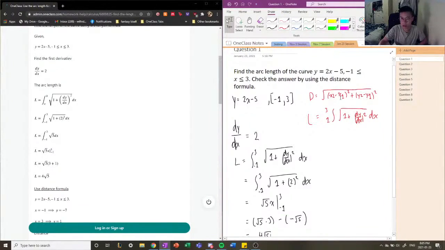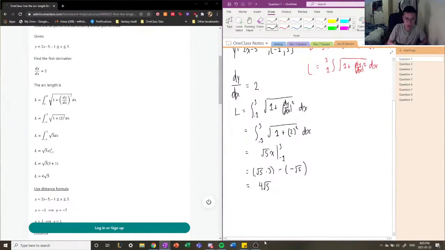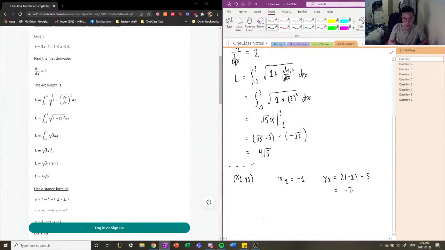So we have to find x1, y1 and x2, y2 first. x1 is -1, and y1 is 2 times -1 minus 5, which is -7. So x1, y1 is -1, -7.